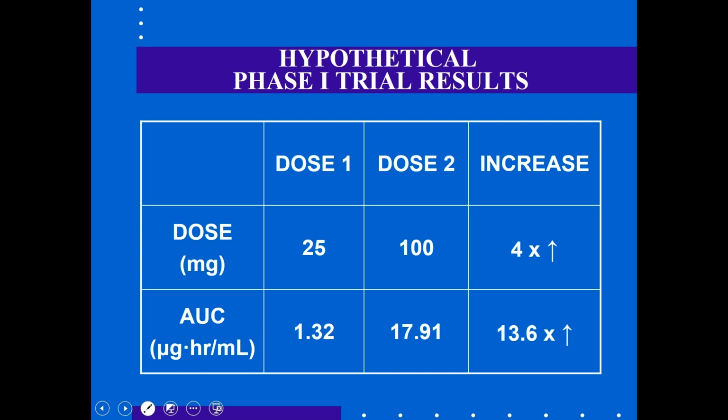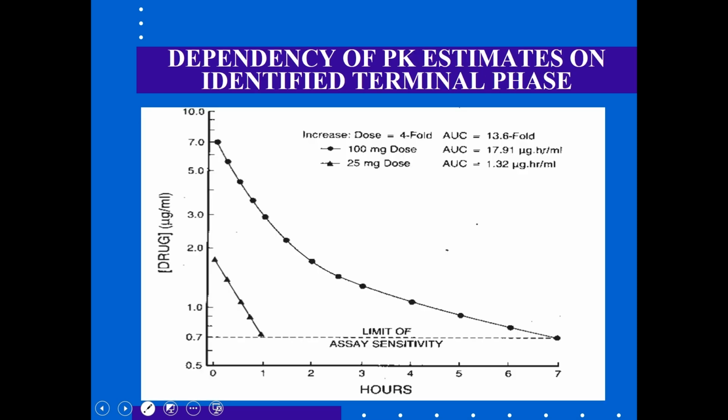So the development of this antibiotic was about to be stopped when, fortunately, the pharmacokinetic group showed their plasma level versus time curves. What you see is after the 25 milligram dose, their assay wasn't sensitive enough to transcribe the entire plasma level versus time curve. So they only had this truncated curve. And so, in fact, that threw the estimates off.